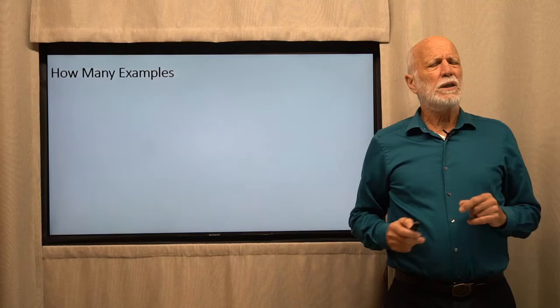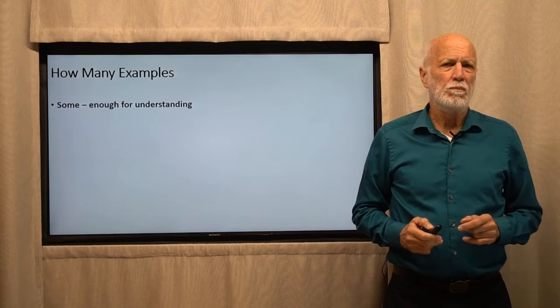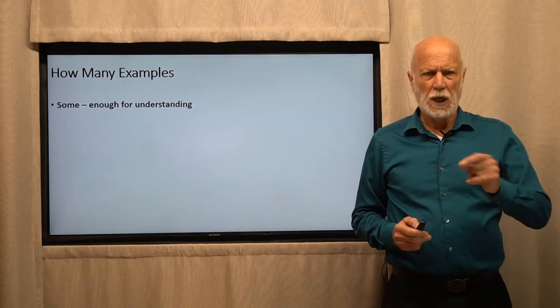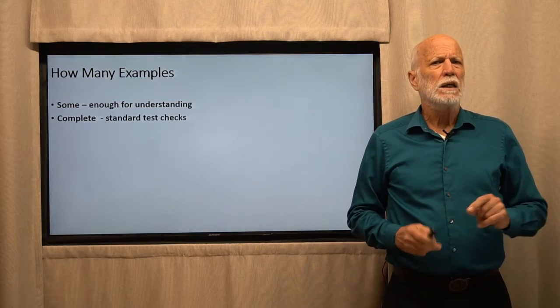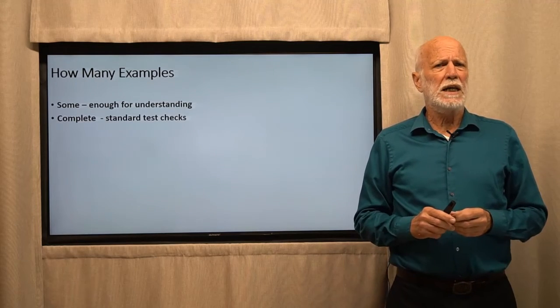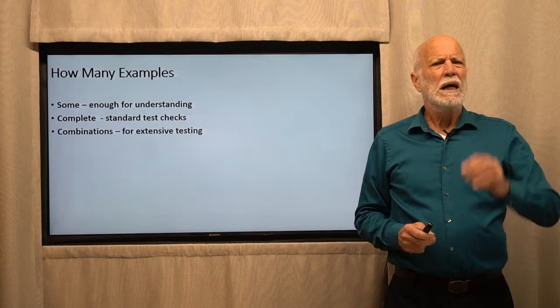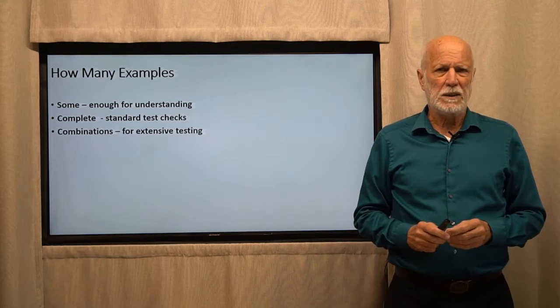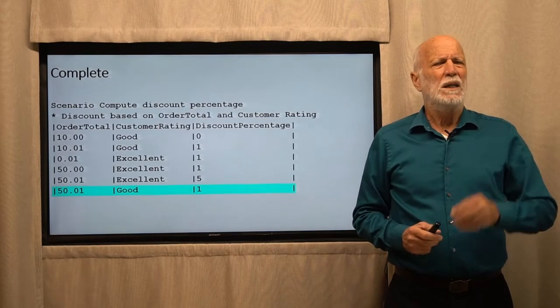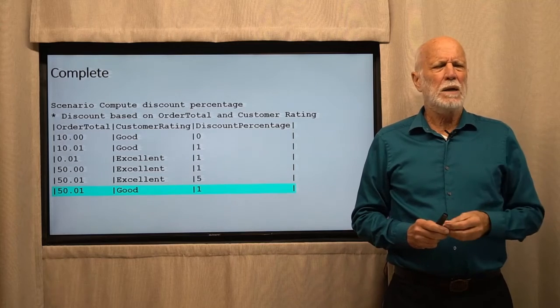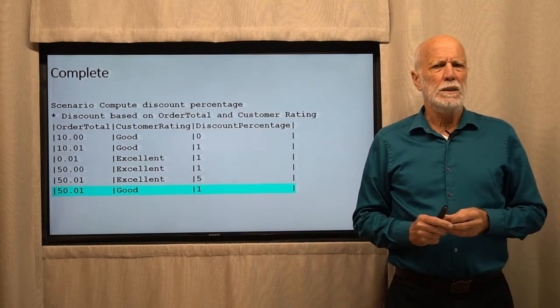So the question now is, how many examples do we need? Some, just enough for understanding; complete, all the standard test checks; or combinations for extensive testing. Well, we saw the sum. Let's see what complete means.